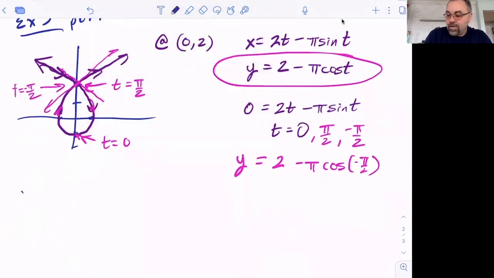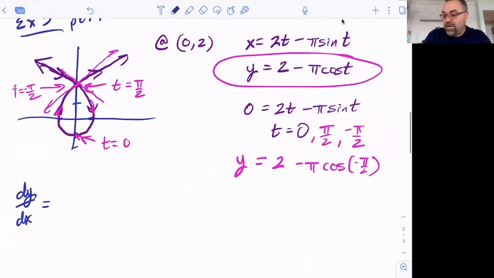Well, let me grab our dy/dx, which is of course dy/dt over dx/dt. Obviously for dy/dt, the 2 goes to 0, so we just have negative pi times the derivative of cosine t, which is negative sine t, so we get positive pi sine t. And for the dx/dt, the 2t doesn't really go away, right?